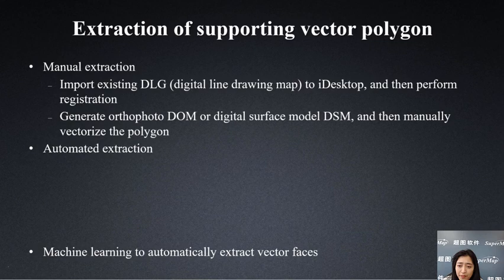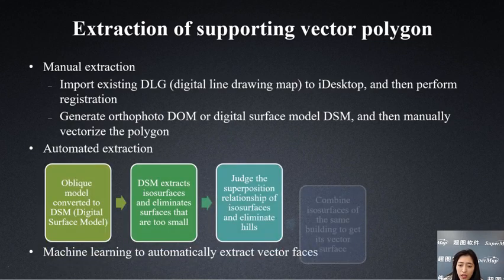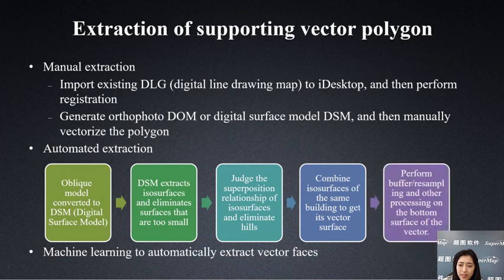SuperMap uses a deep learning model constructed based on the CNN-based U-Net network structure to automatically extract the underside of the building in the oblique photographic data to optimize the process of the individualization of the oblique photographic data.